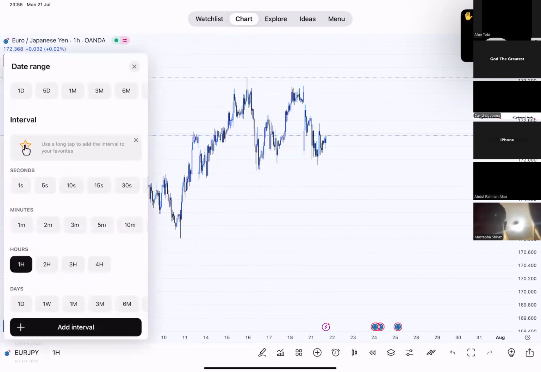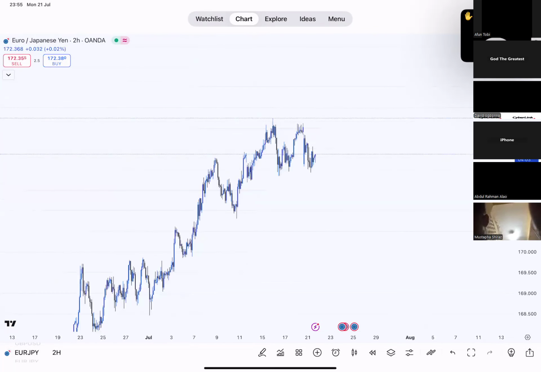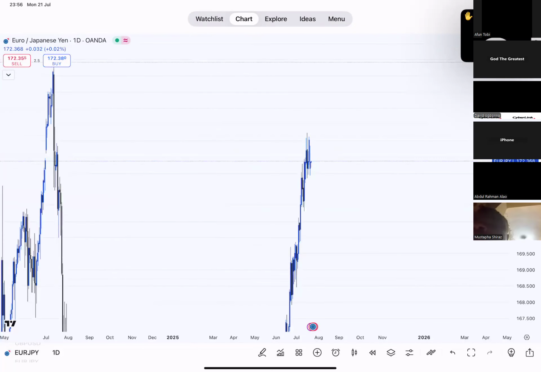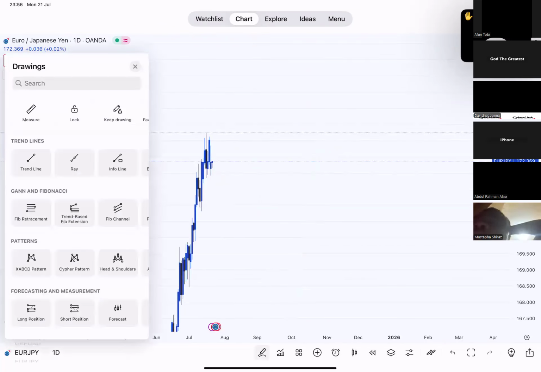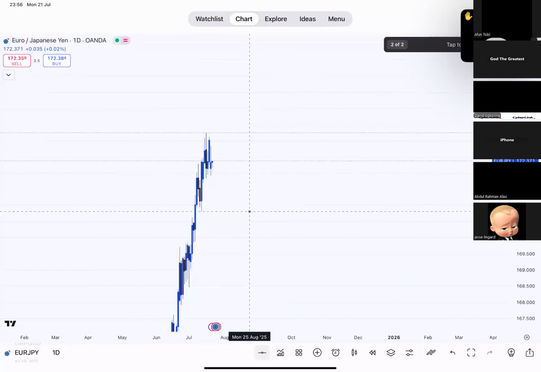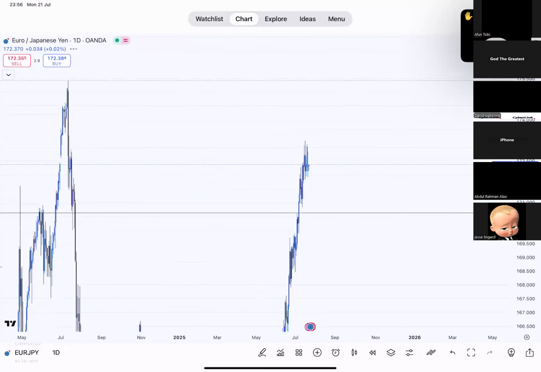So will the market now come down to take out this liquidity? I'm actually on a trade on this pair and I'm selling it. I put my TP below the trend line, at the end of the trend line. So will it come and take out that trend line before it starts buying? Since we have trend line liquidity, the market can actually come back and take it out.